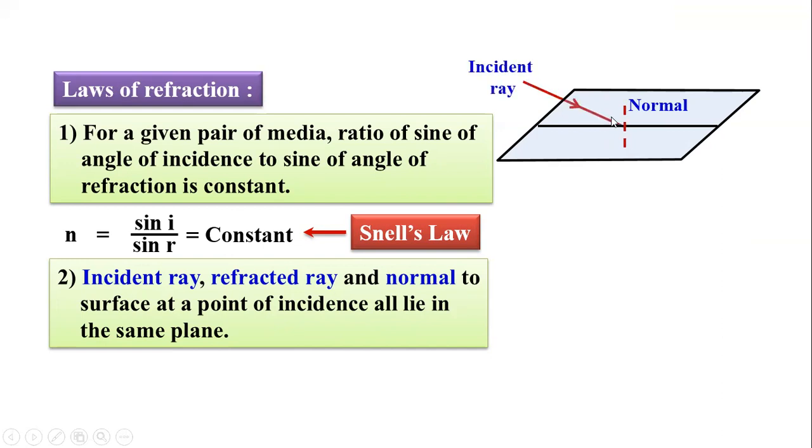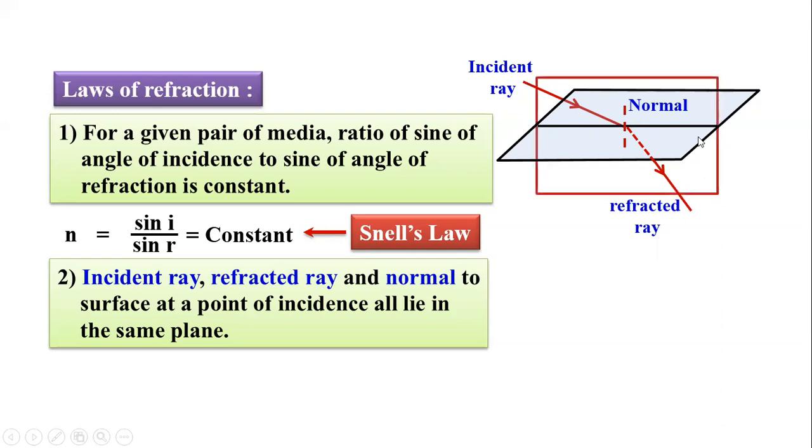This is the incident ray, this is the refracted ray, and these two rays are not in this plane, but actually there is one plane which is perpendicular to this plane, the plane with a red border, and in this plane the incident ray, normal, and refracted ray lie.